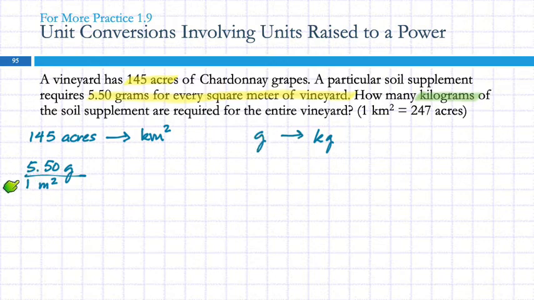This allows me to convert between grams and square meters. So from square meters to grams, and then can I go from square kilometers to square meters? Yeah, I can. That's the hard part, making the path. Any questions?